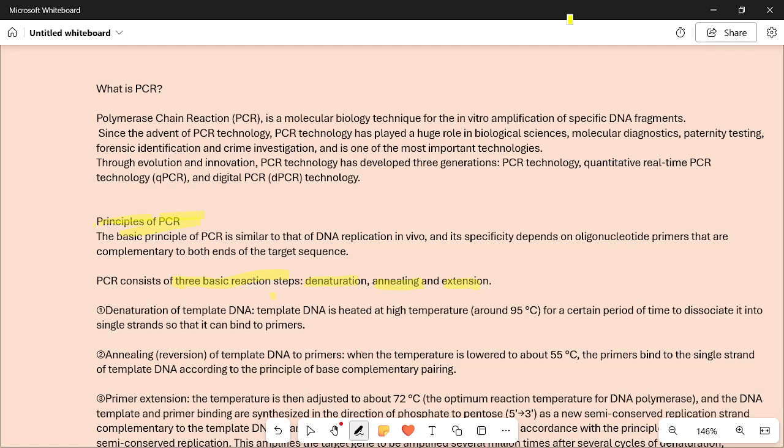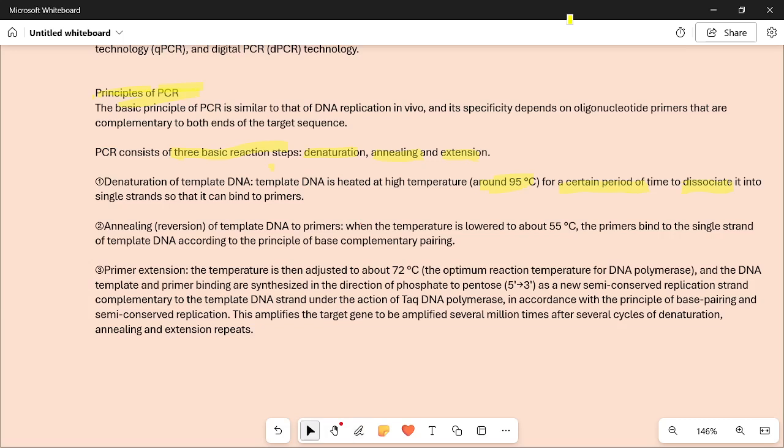Denaturation of the template DNA occurs around 95 degrees Celsius, where the double-stranded DNA is heated to high temperature for a certain period of time, and it will dissociate the double-stranded DNA into single strands, so that it will help the primers to bind.